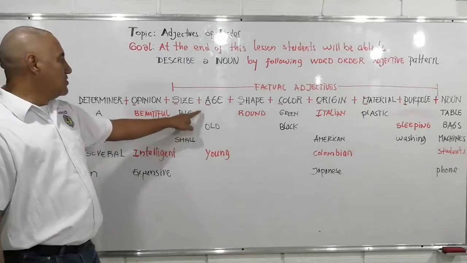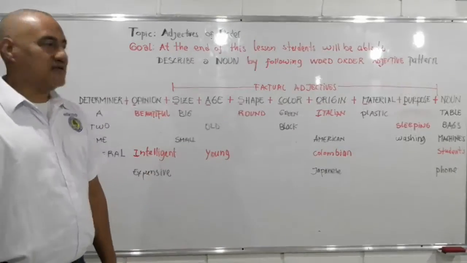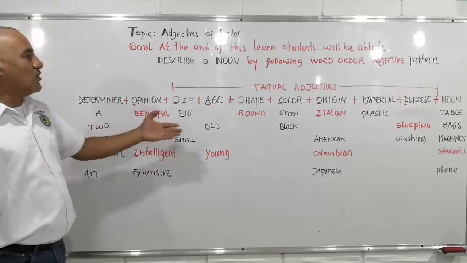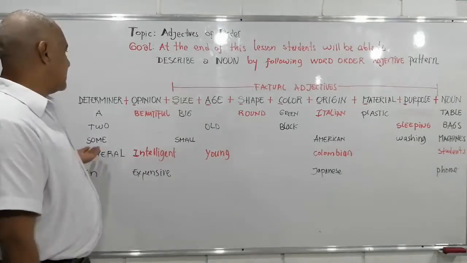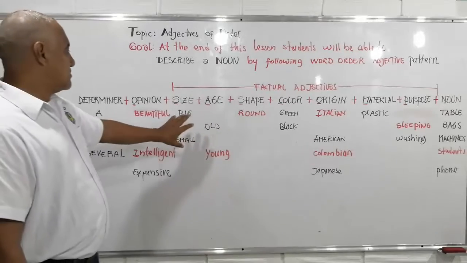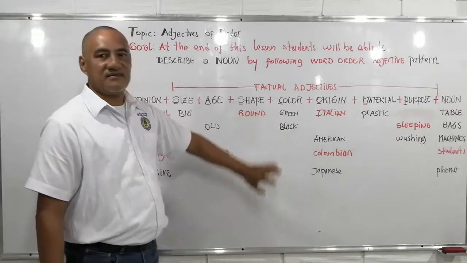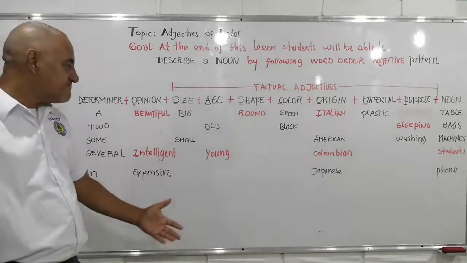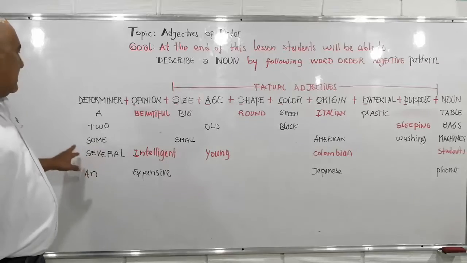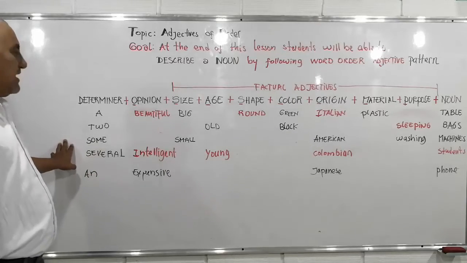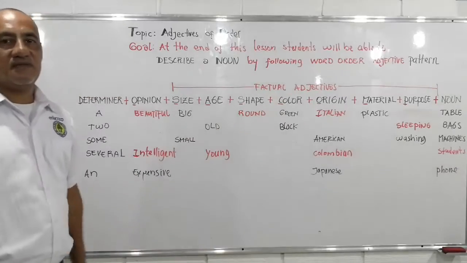Okay? Look at the second example. Two old black sleeping bags. Yes? I bought two old black sleeping bags yesterday. Ayer compré dos viejas bolsas para dormir negras. Alright? Then look at this: my mother needs some small American washing machines.